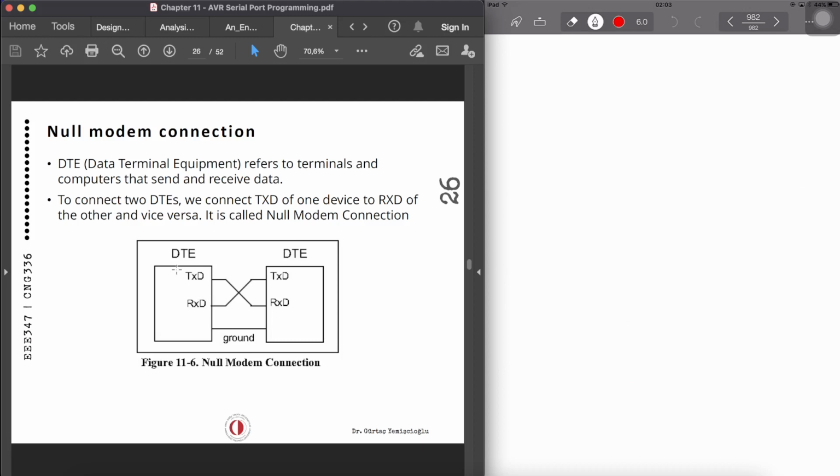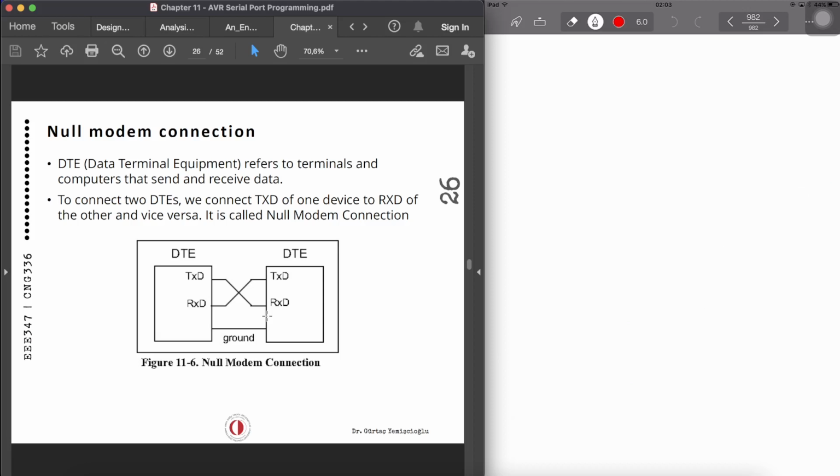So the TX, the transmitter pin on one side, has to be connected to the receiver pin on the other side, and the transmitter pin on the AVR, let's say, has to be connected to the receiver on the PC side. So this is called null modem connection, and this is how we generally connect AVR with the PC.